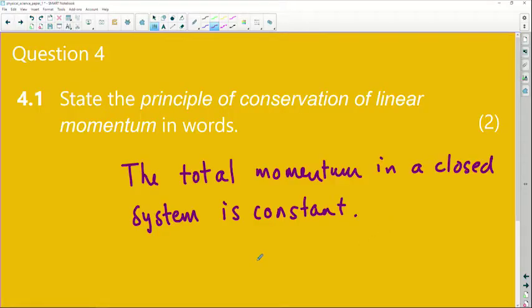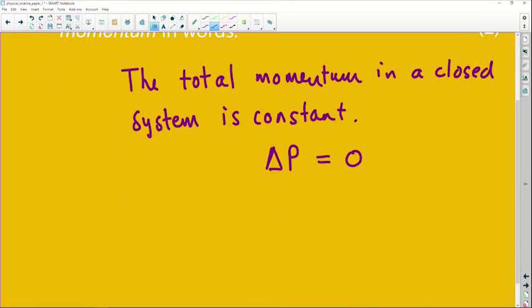so we can assume that this is a closed system. Just one more thing, another useful way to think of the conservation of linear momentum is to write it down in a mathematical form, and that is delta P is equal to 0, where P refers to momentum, and of course we can expand that to that the momentum in the end minus the momentum in the beginning is 0.